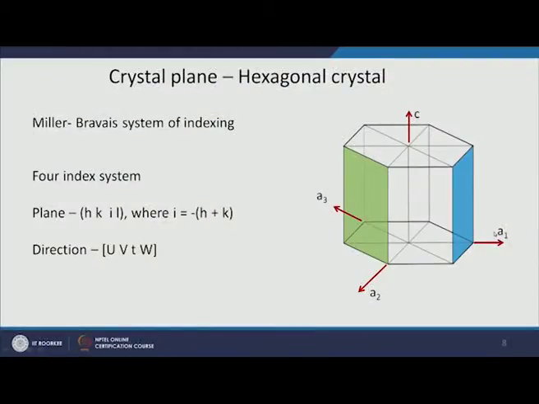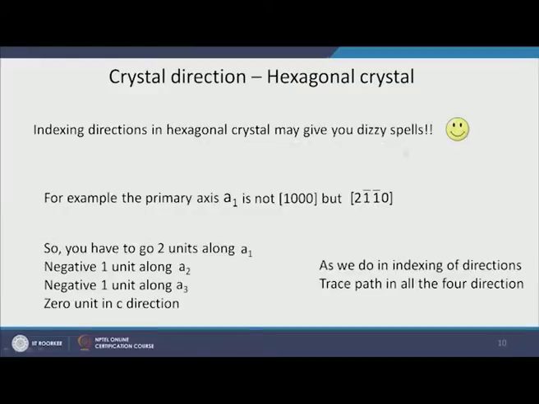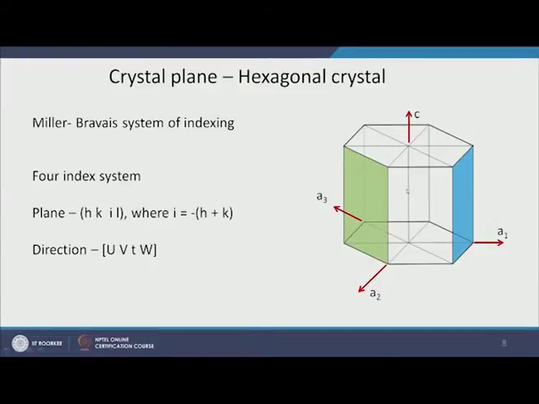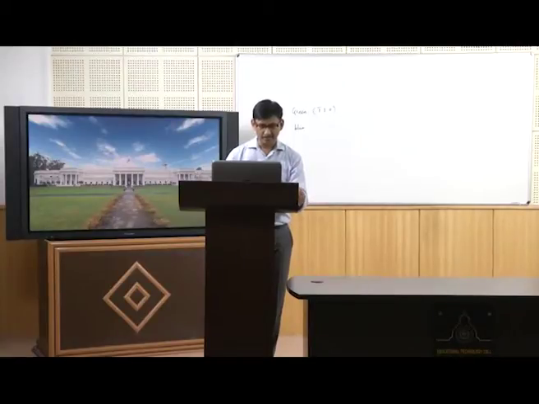So, now when we have a hexagonal system, the story will be slightly different because we have now 4 axes for the crystal. As you can see in this particular hexagonal crystal, it is A1, A2, A3 in the basal plane. This is what we call as basal plane, and the C is perpendicular to that. The indexing will be like this.